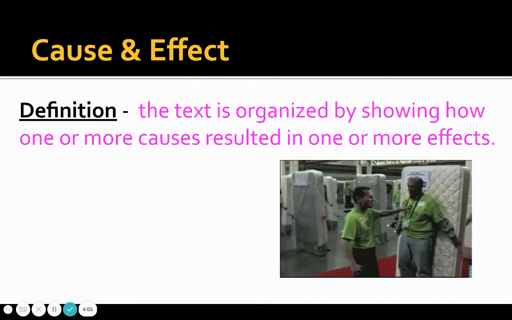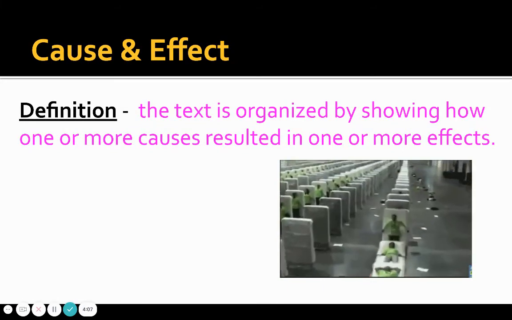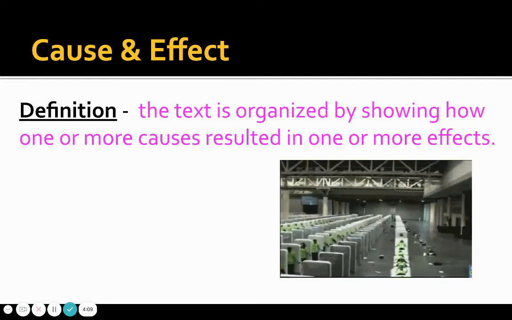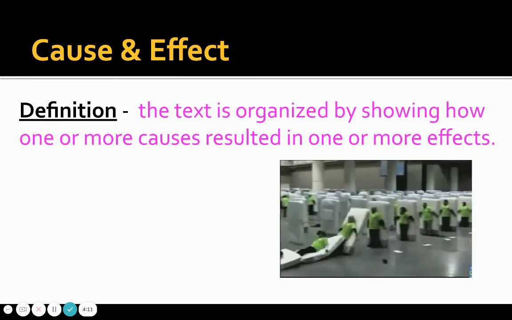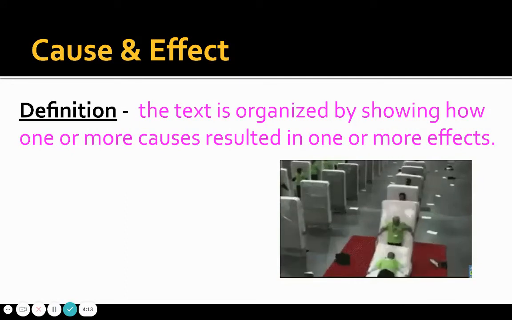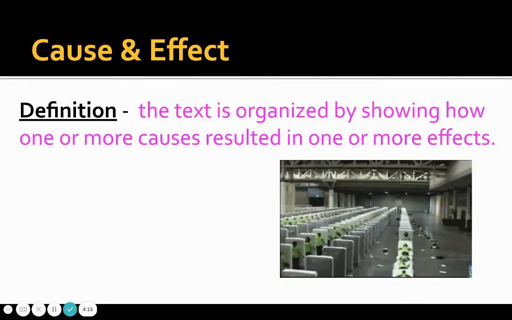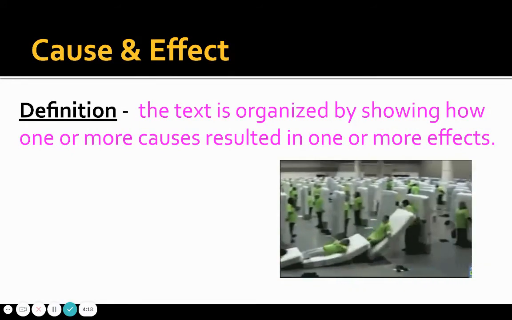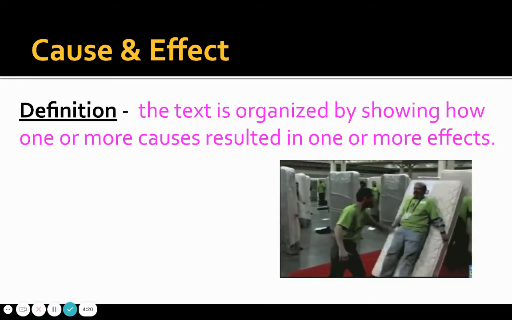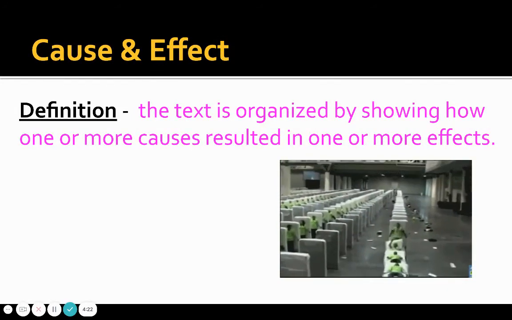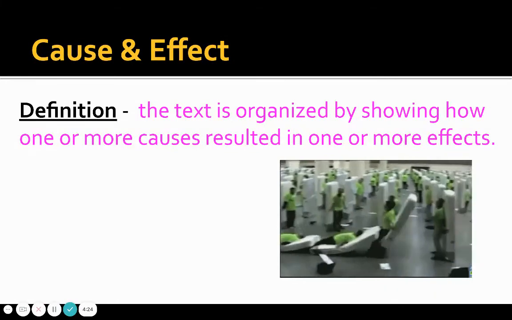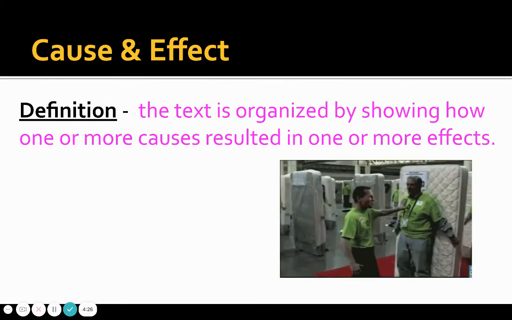So sometimes people will start with one cause and then list multiple effects, or maybe they will describe multiple causes and list one effect at the end. Of course, on really complex articles, they could be talking about many causes and many effects at the same time.